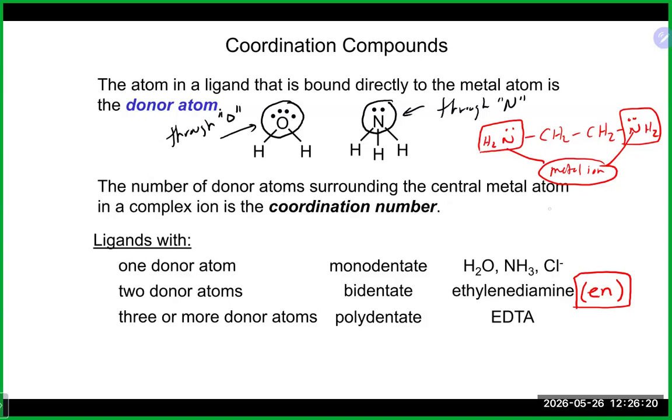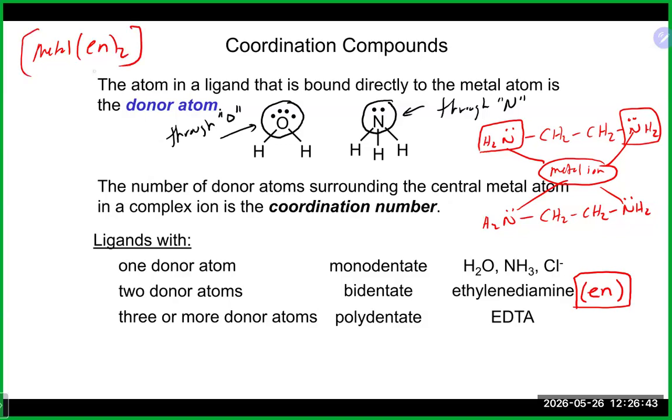So if you had another one down here, you would get another couple of attachments. Now, if you had this in the formula, and I'll just write metal here, and then we'll have en to the 2.